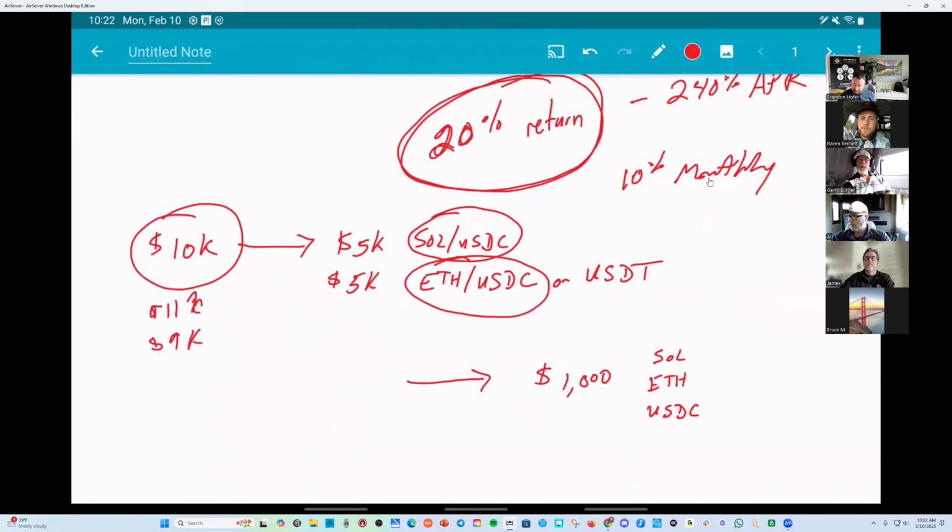Then I would take that $1,000, and again, hypothetically, with the simplest portfolio, I would probably divide it up. I'd keep my Sol because I really like Sol personally, and I'd take my ETH and USDC and buy Guard. Again, just one example of how to play this.